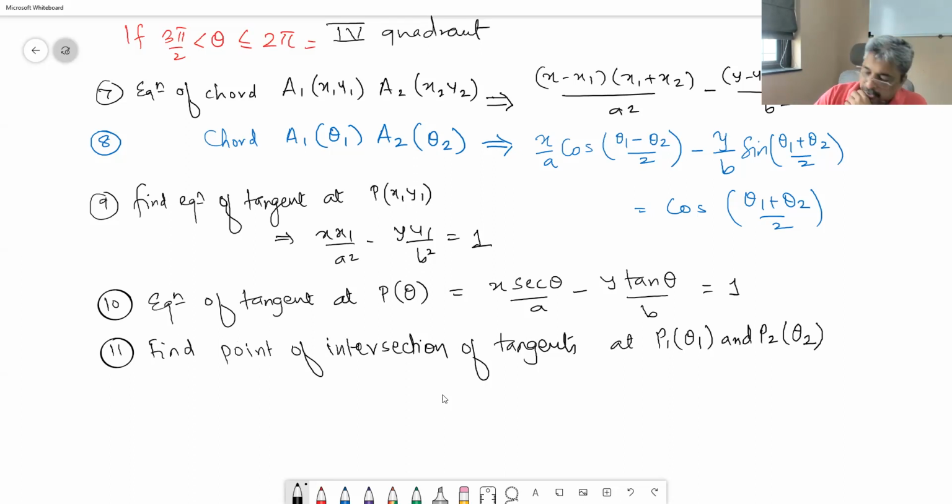Get the point of intersection again in half angle form. Should be easy to remember.